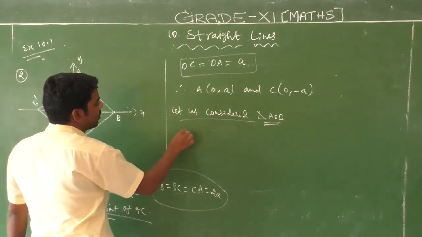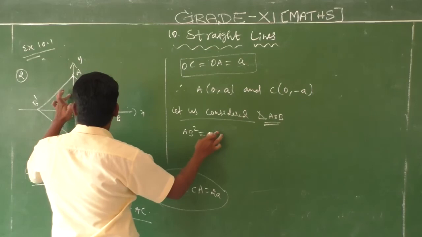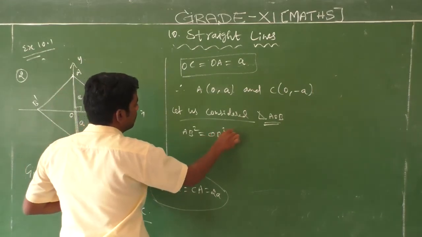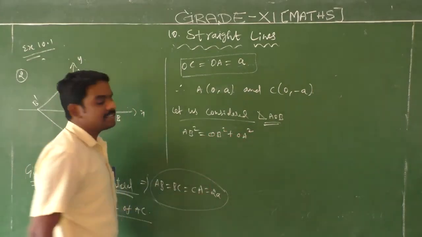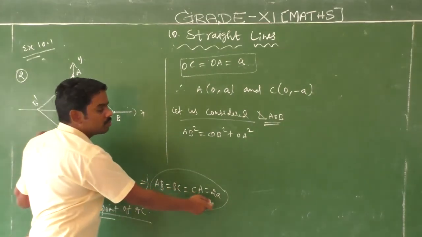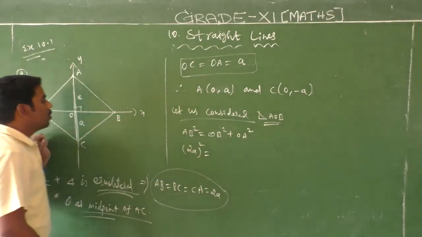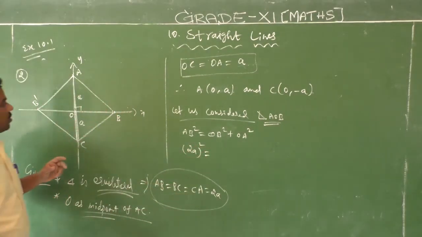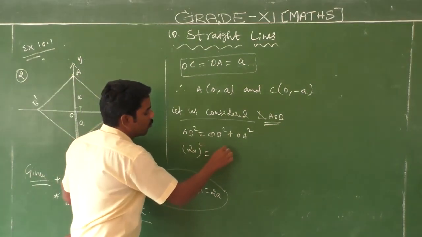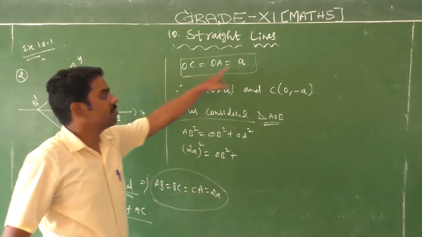By the Pythagoras formula, AB squared equals OB squared plus OA squared. AB is a side of the triangle, so AB is 2A. So (2A) squared equals OB squared plus OA squared, where OB is unknown and OA equals A.